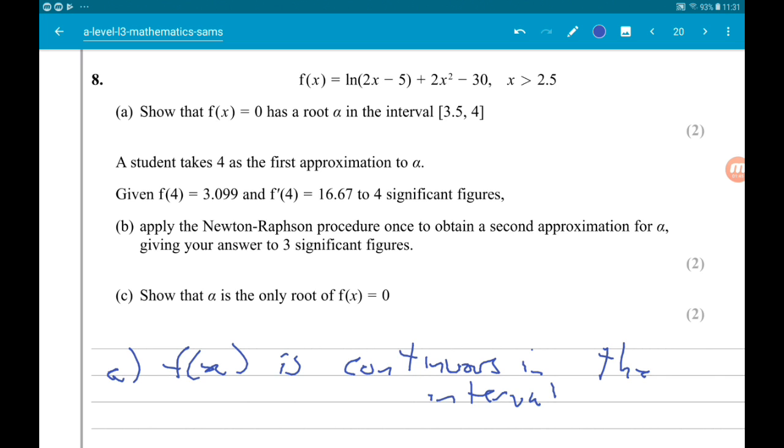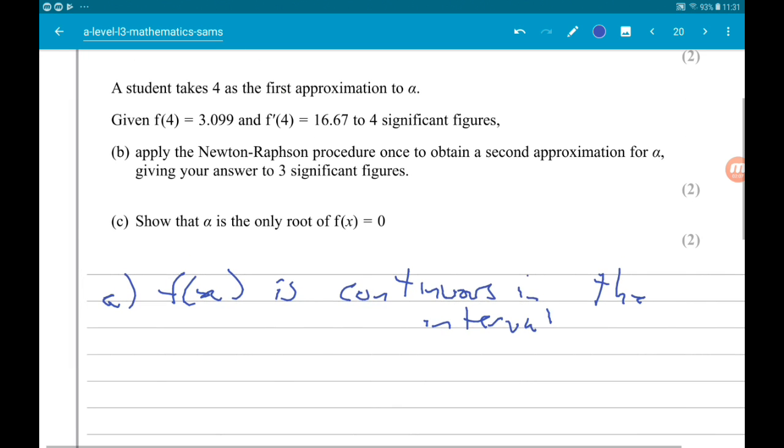And then the way that you find a root or show that there is a root is you're looking for a change of sign between the two values of the function when we substitute in the bounds of the interval.